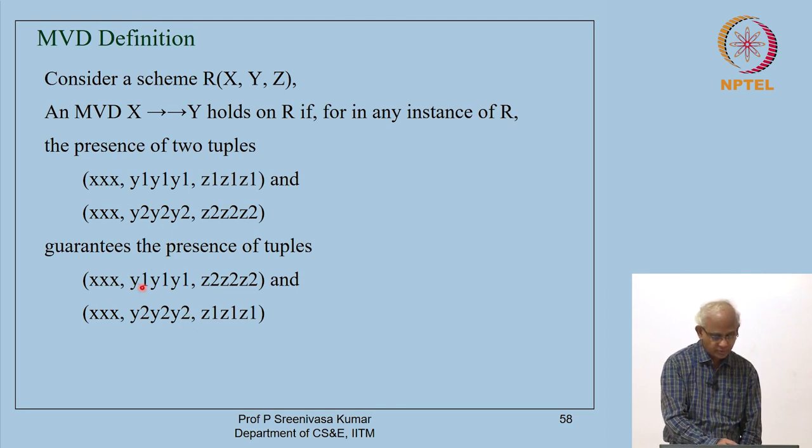How do you obtain these tuples? We basically swap the values of these two tuples. So, take out this y1 and put it here, and you will get x y1 z2, and in a similar way you take out this value and put it here, you get x y2 z1. So, swap the two.